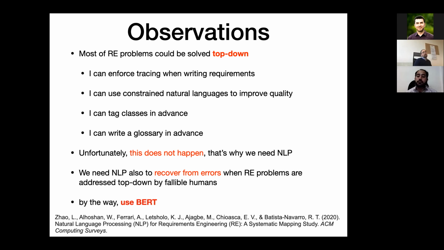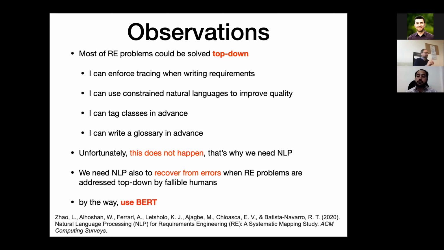And that's the reason why we need natural language processing to support us in all these types of activities that still remain mostly manual, but having an NLP assistant can deeply improve the quality of your work, especially because we need NLP to recover from errors when requirements problems are actually addressed top down by fallible humans. So you can make mistakes all over this type of activities, and NLP techniques can help you correct these mistakes. By the way, use BERT.